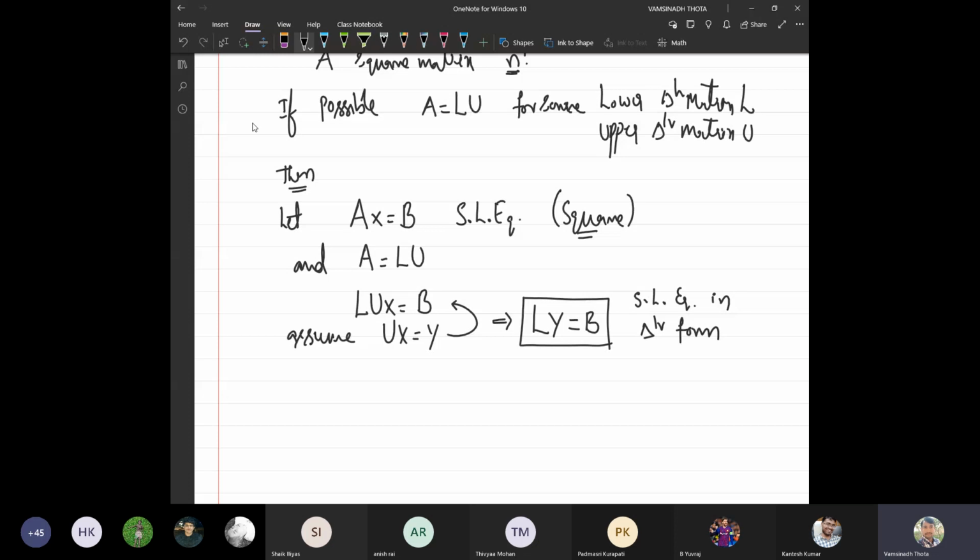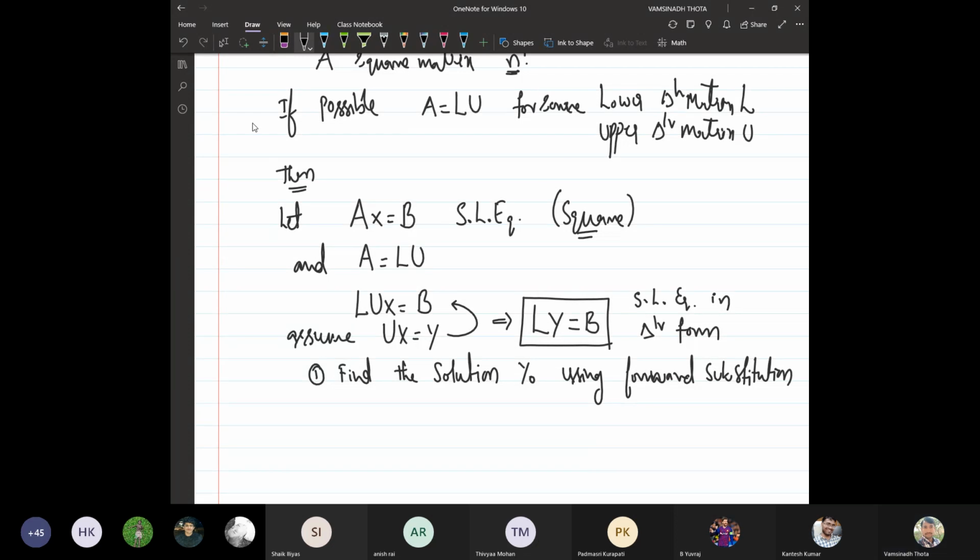If it is a lower triangular matrix, then we can find the solution y naught using L, which is a lower triangular matrix. So what we need to do is the forward substitution.